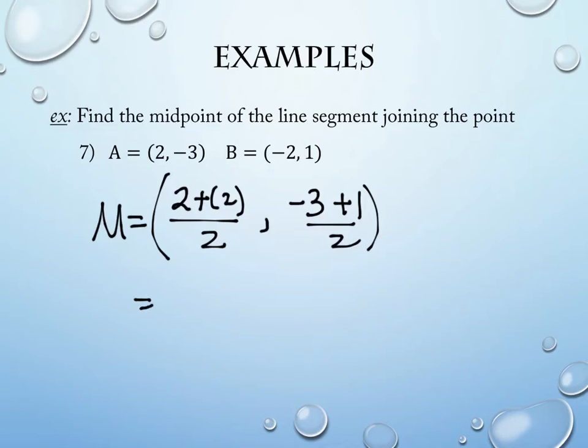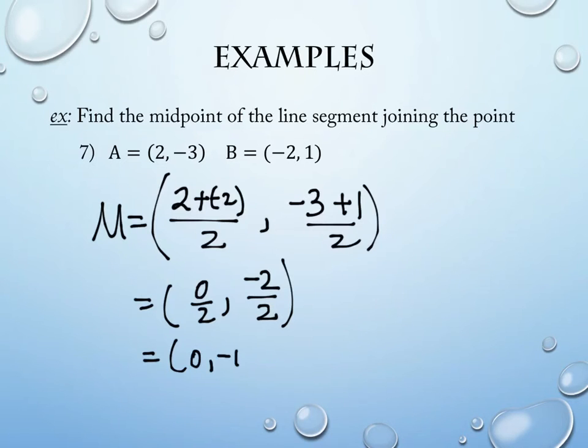So 2 plus negative 2 actually gives me 0, right? 0 over 2. And then negative 3 plus 1 would be negative 2, over 2. And if we simplify this, we have the ordered pair 0, negative 1.